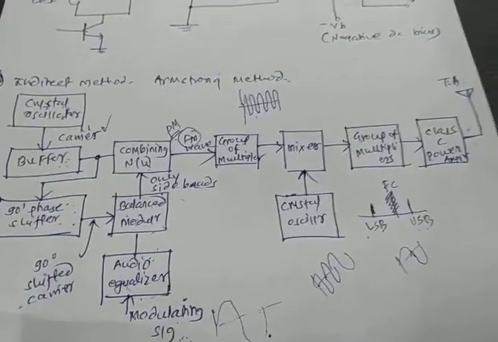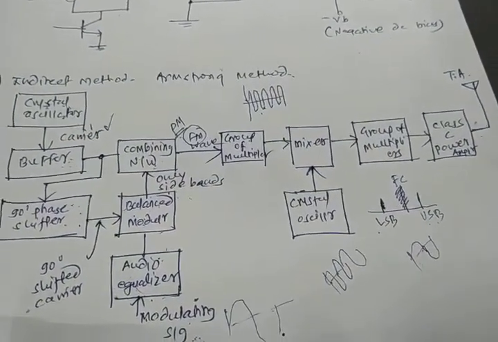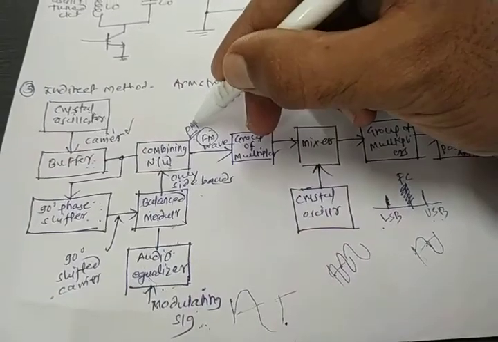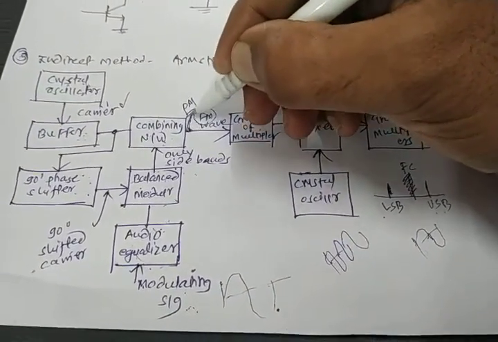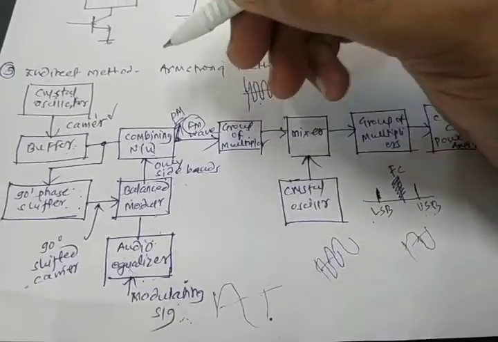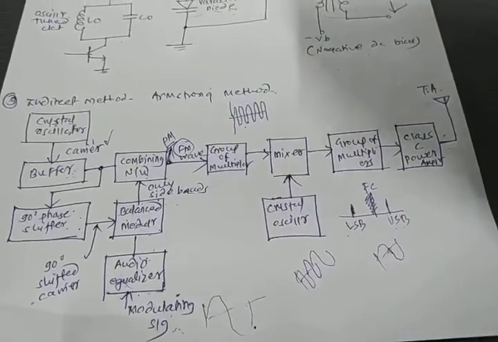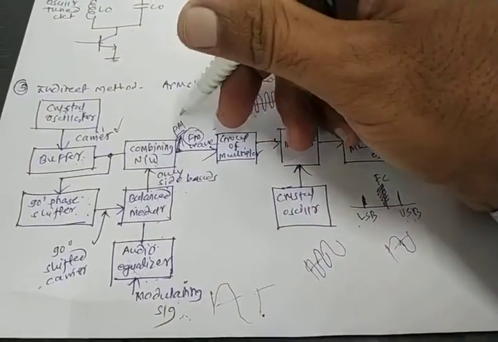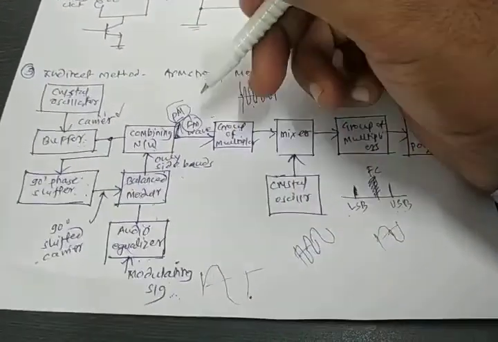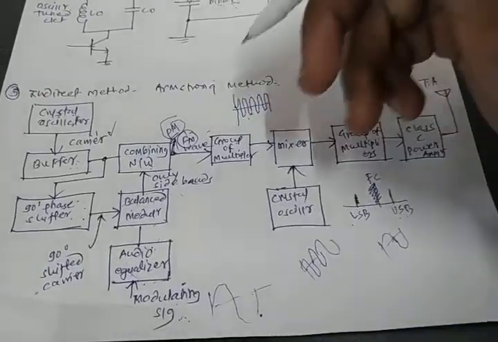There is a simple circuit that we can observe. At the output of the combining network we can observe the phase modulated signal, but the requirement of the circuit is that we have the frequency modulated signal. Then we can convert this PM signal into the FM signal. I will show you the circuit also.